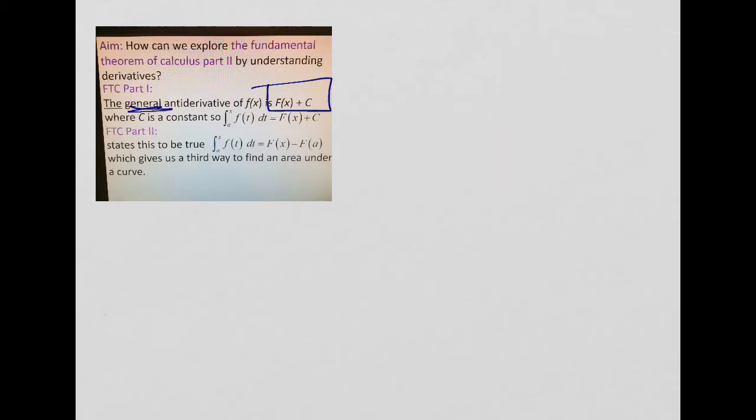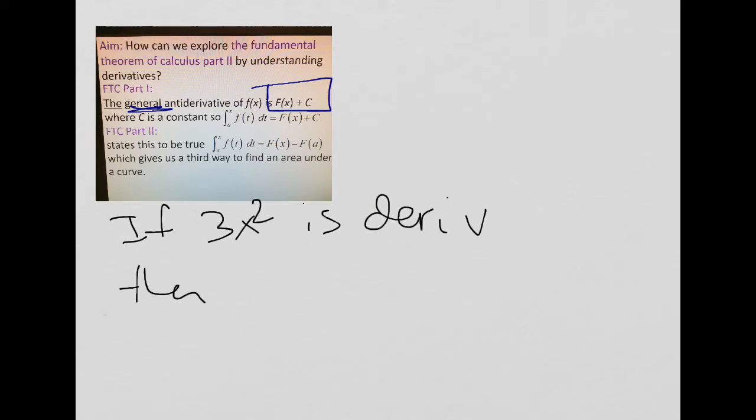Okay. So you may have noticed that there were different derivatives, but they were for different integrals in the Do Now. So I kind of skipped over the last slide, and someone had a very good question, and that was: if 3x squared is the derivative, then what is y?